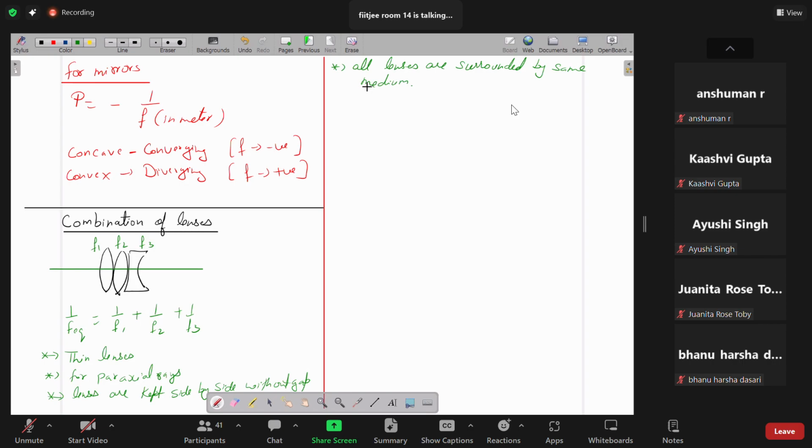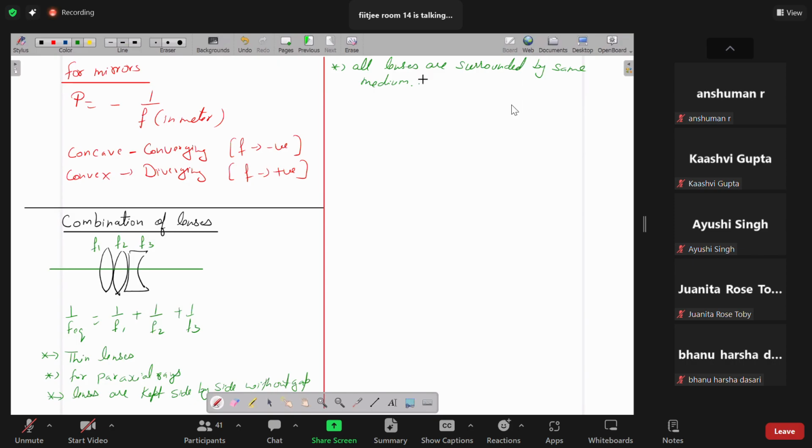Okay. So when these things are true, but normally they will give you the situation like this only, but you should have this idea. So then you will substitute the values of the focal length in accordance to the sign in this relation to find out the equivalent focal length of the combination.